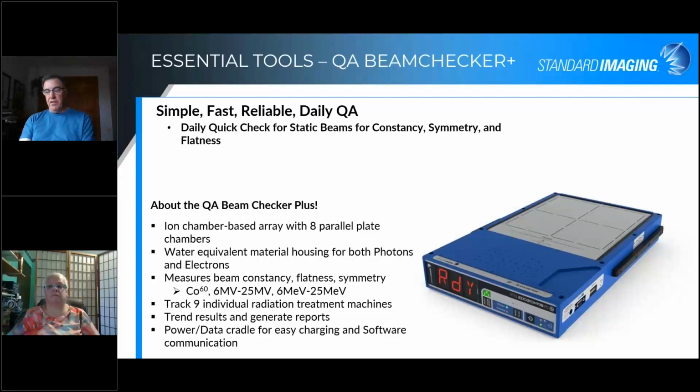So you deliver your 6, everything's fine, a couple seconds later you get the RDY notification on the BeamChecker, you can deliver your next beam, and so on. So it's a nice foolproof method to set those morning checks up.